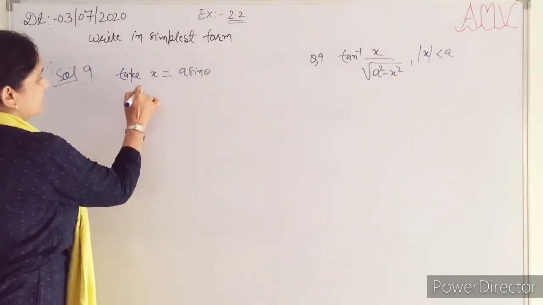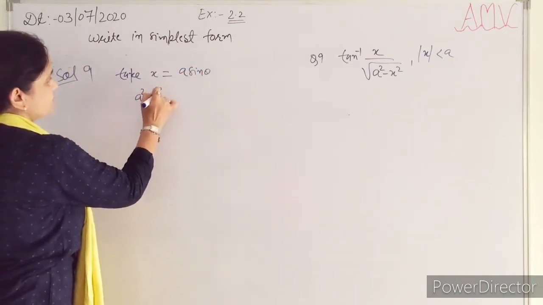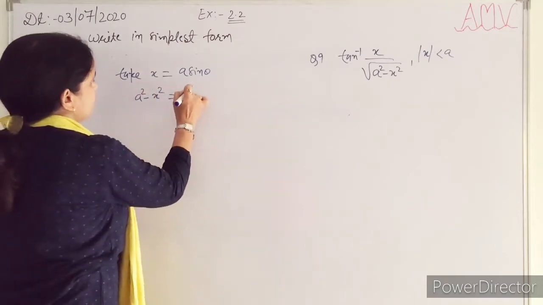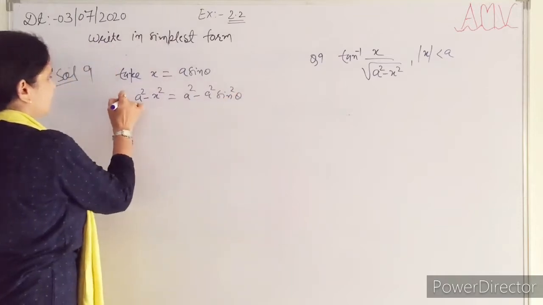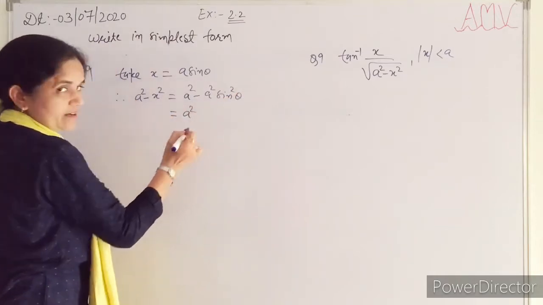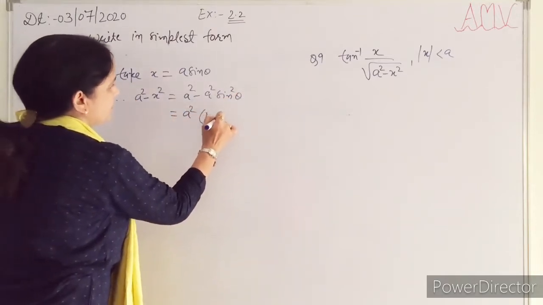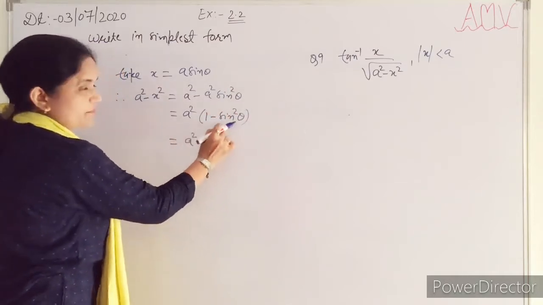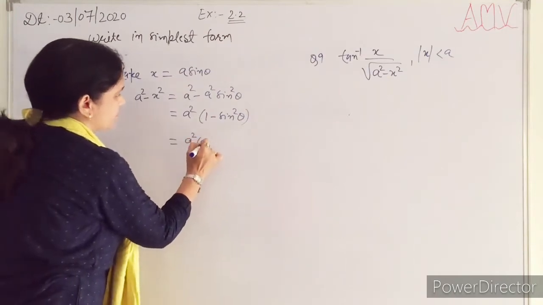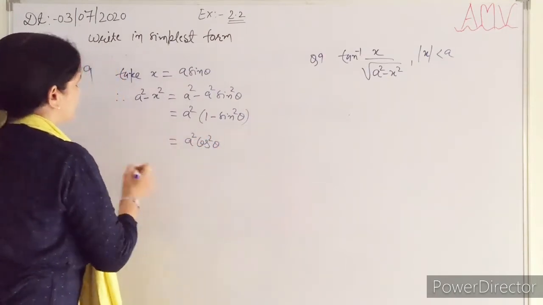So a square minus x square becomes a square minus a square sin square theta. Taking a square common, a square into 1 minus sin square theta, and 1 minus sin square theta is cos square theta.